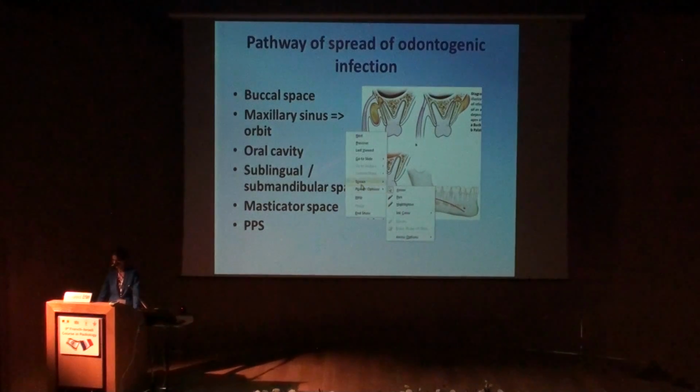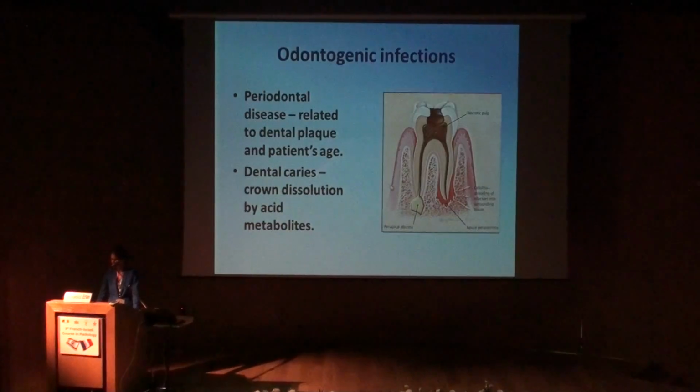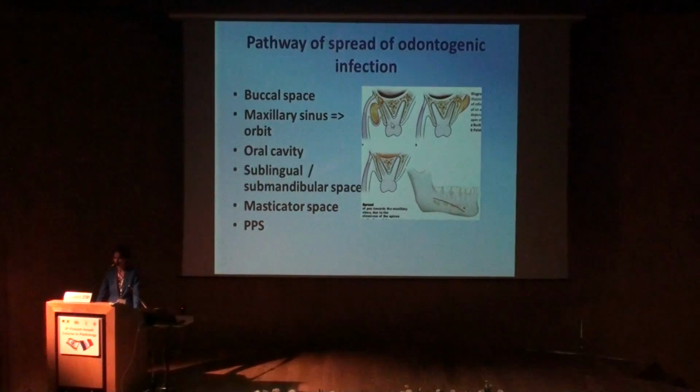Both processes can lead to the development of an abscess at the apical part of the root. And this abscess can go in many directions. So if we look, this is the bone, let's say the maxilla, and this is the tooth, and the pus goes out, and it can go into the buccal region, it can go up to the maxillary sinus, and from there to the orbit.